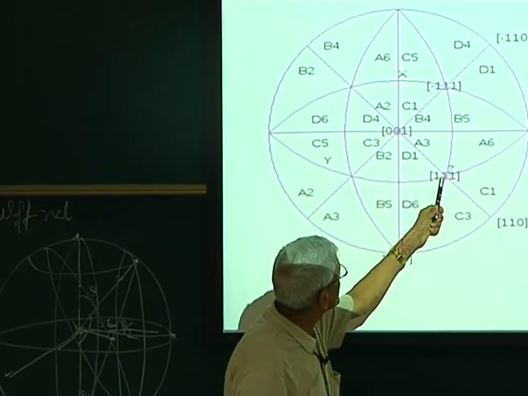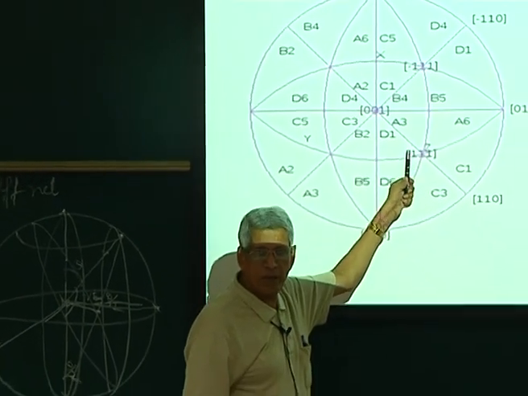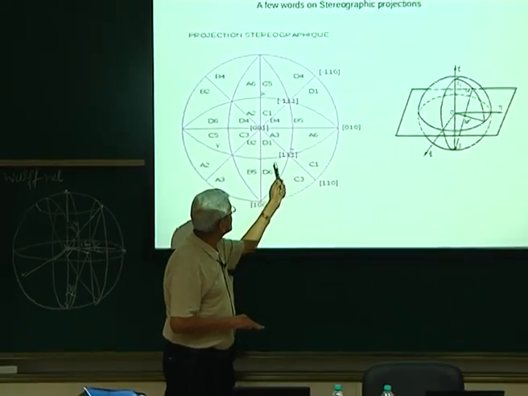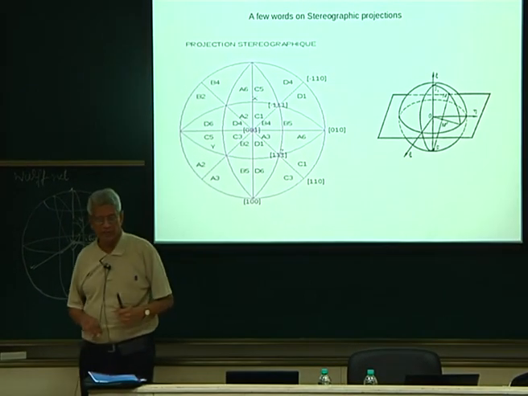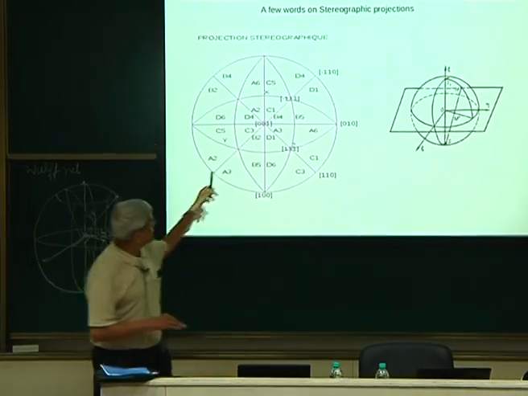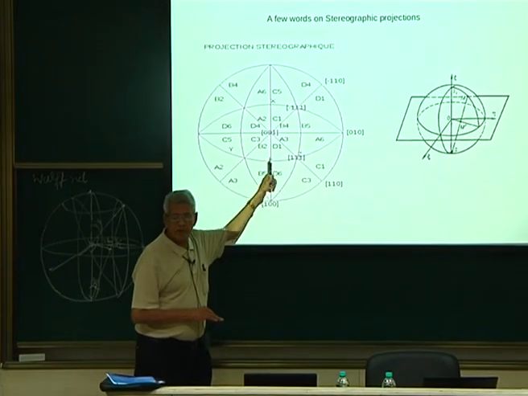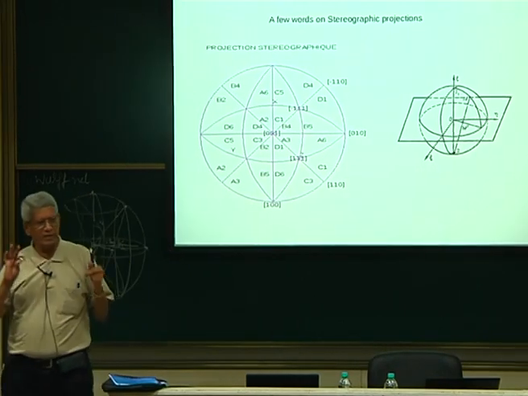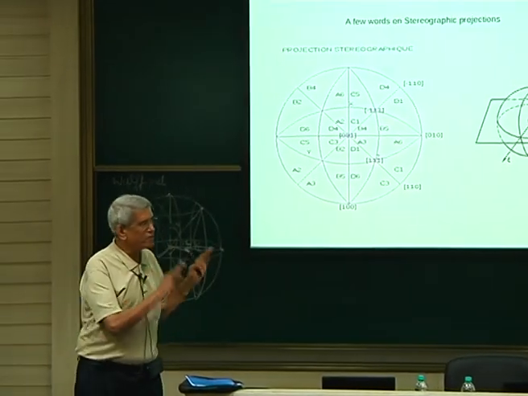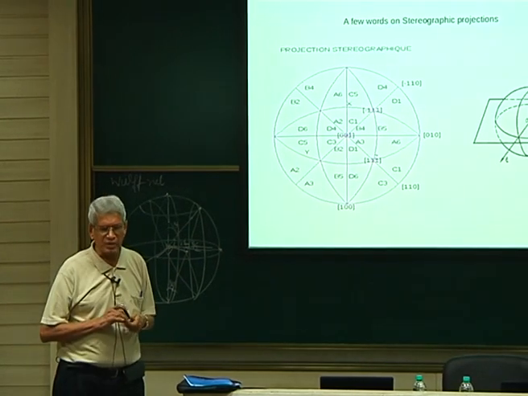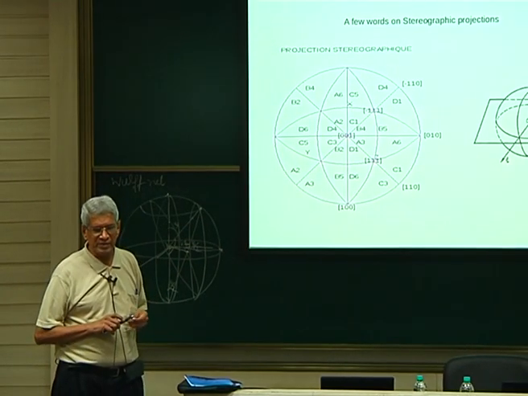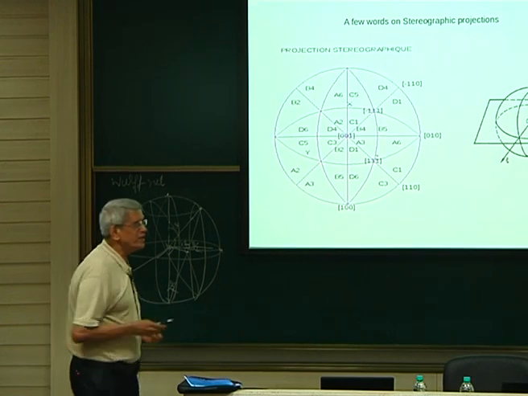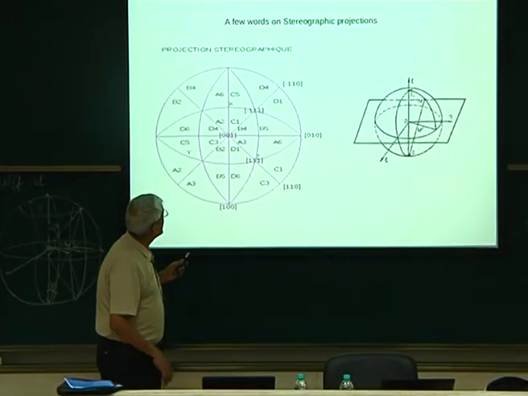So from here to here, if I put a stereographic projection and measure it back, between 0, 0, 1 and 1, 1, 1, all the angles are going to be 54 degrees, okay. That's the position where it comes. So the advantage is that angular relationships in 3 dimensions are represented in 2 dimensions in a stereographic projection. You understand that? Okay. That is the important thing about it.